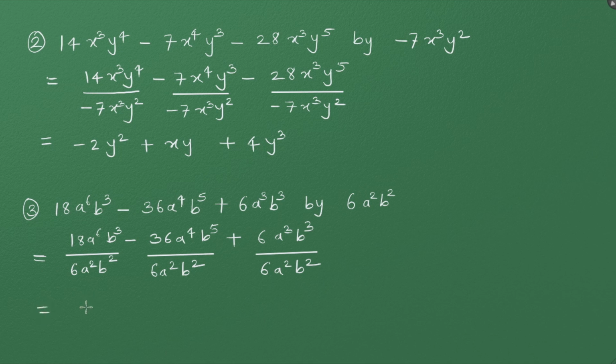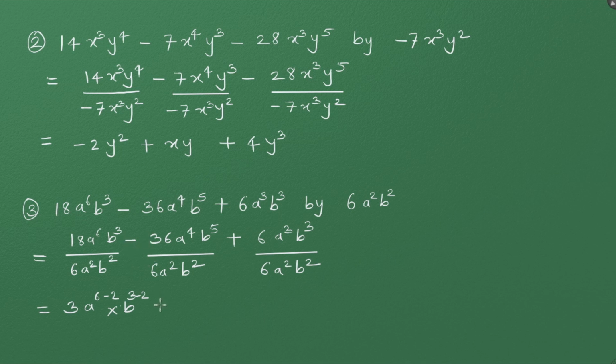So this equals, it is 3 a raised to 6 minus 2 and multiplied by b raised to 3 minus 2.